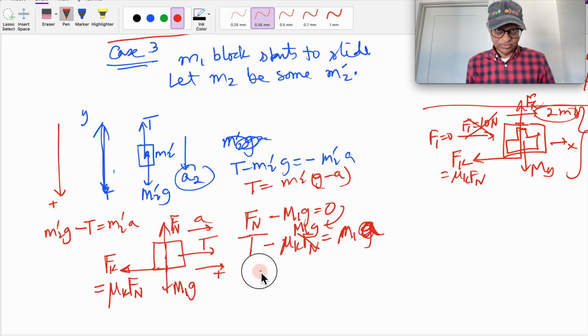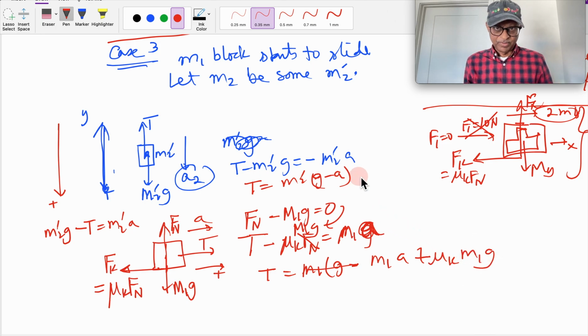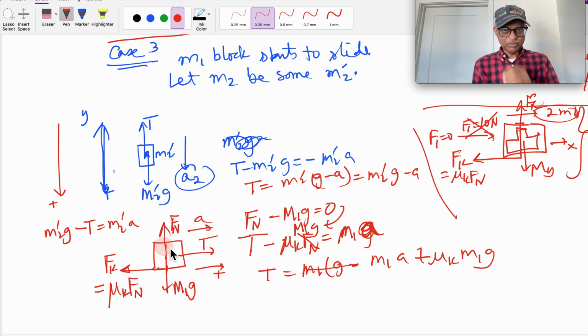Okay, so this T equals M1 a plus mu k M1 g. Let's keep this M2 prime g minus a. There's several ways of handling.